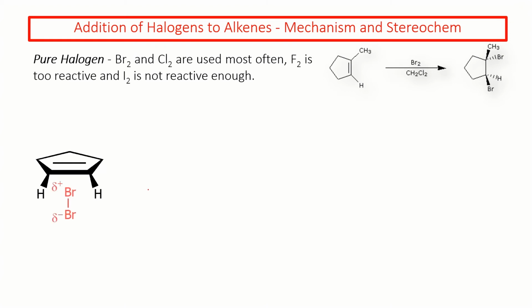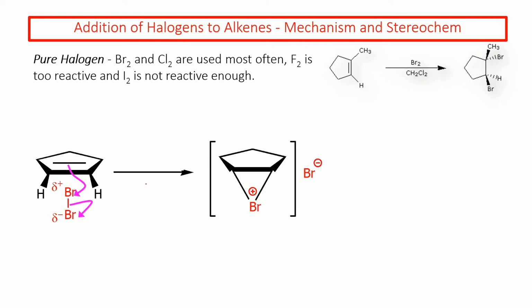We attack the bromine, which is the electrophile, to form this species, which is a bromonium cation. Note that it is a three-membered ring.